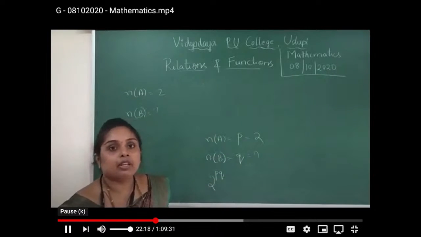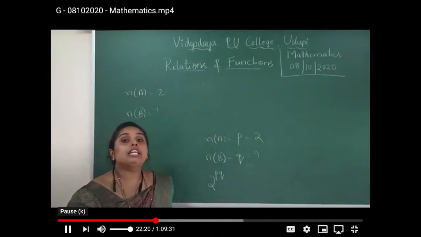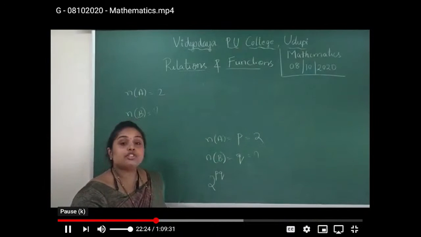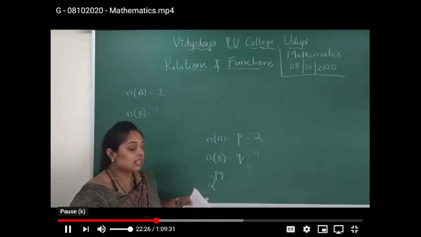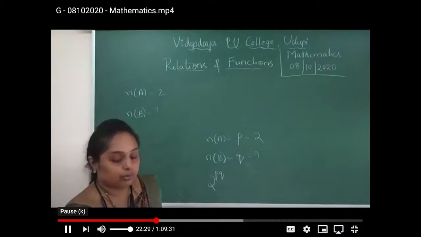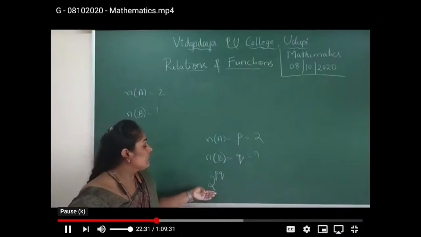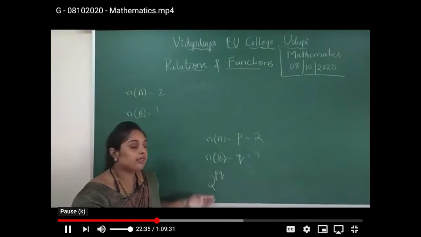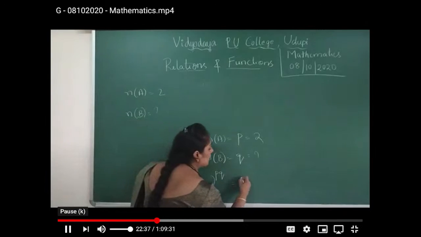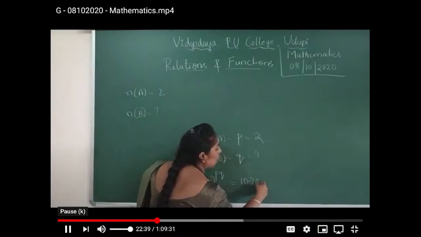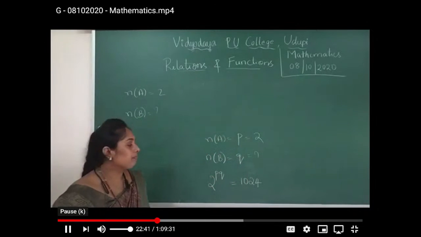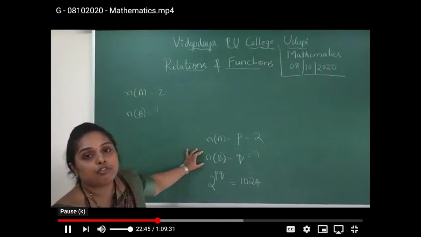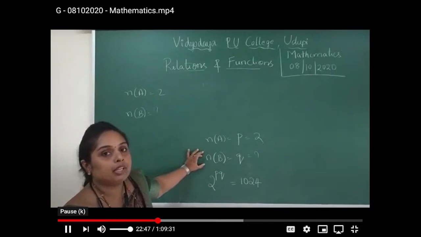We should find Q. And the total number of relations from set A to set B is given as 1024. So using these two data, I will find the number of elements in set B.